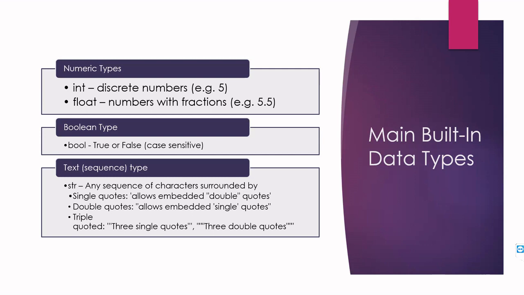These are three single quotes, or three double quotes. The three-quoted string is a little bit similar to the backtick string in JavaScript. It allows for line breaks and stuff like that. Now you can see examples.